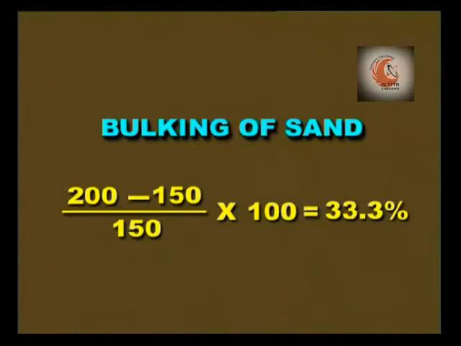Therefore, bulking of sand can be calculated as 200 minus 150 divided by 150 multiplied by 100, which is 33.3%.